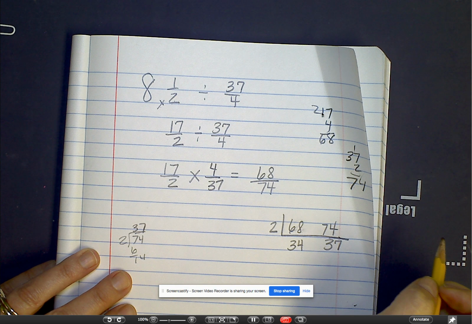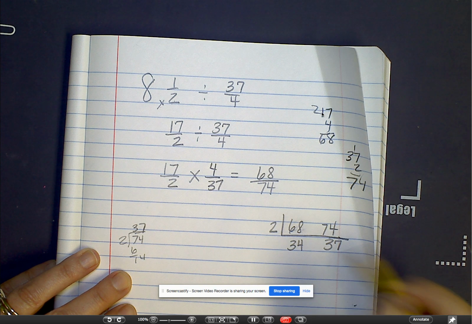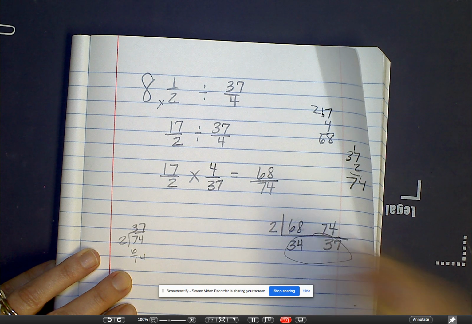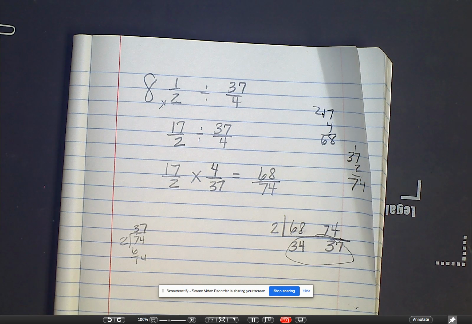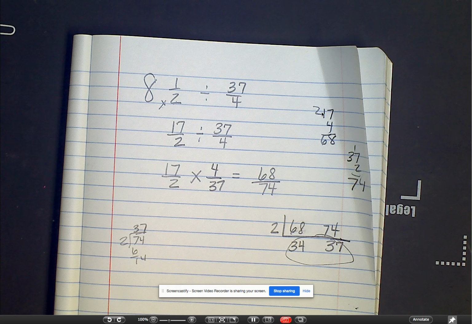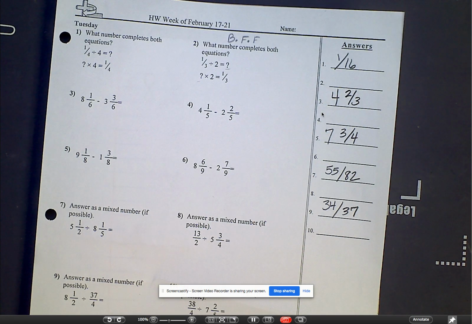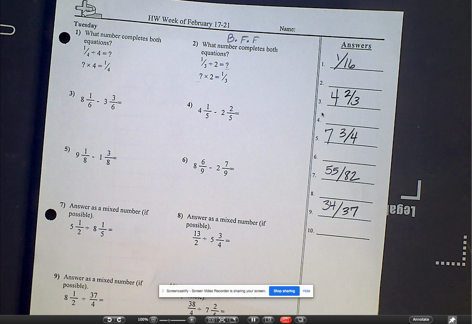And then I don't know of a number that will go into both 34 and 37, so I'm going to make that my final answer. So for number 9, the answer is 34 over 37. So there you have your math for tonight. 34 over 37.